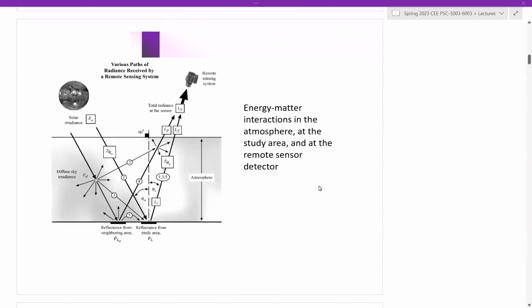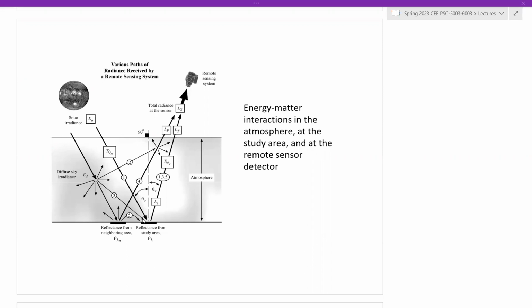Dr. Hibbs showed a simplified version of it, but this is the more complete list of interactions of that photon. At the very beginning we have the solar radiation. That photon will travel through the vacuum of space virtually unaltered, but as it starts traveling through the atmosphere, of two photons, one will be able to reach the surface, while the other will interact with the matter or particles in the atmosphere: dust, water vapor, gas molecules.